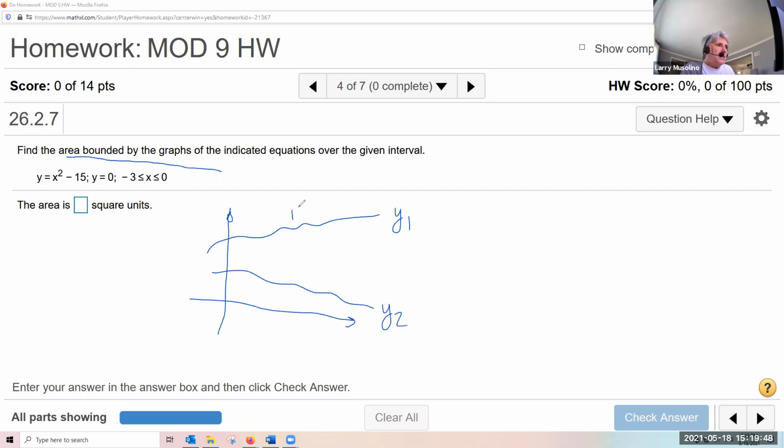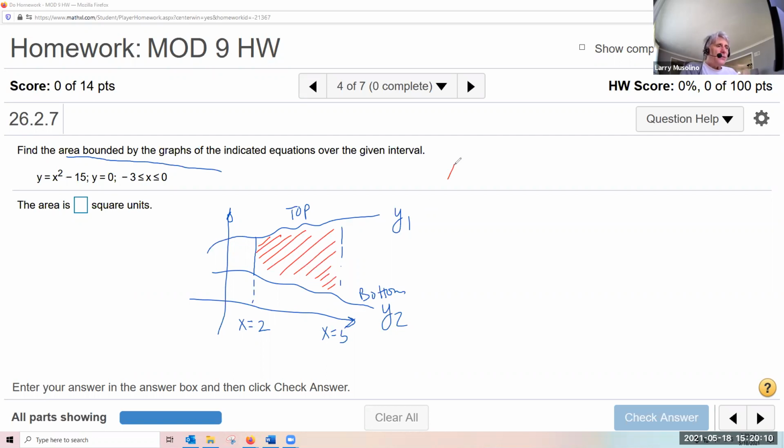So you can think of it as a top function and a bottom function. And let's say I want to know this area between, I'll just say x equal 2 and x equal 5, let's say, to just make up an example. So I'm really asking you to figure out this red area between these two curves.